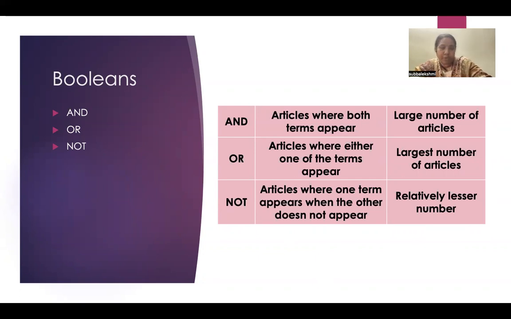When I use the Boolean or, we get articles where either one of the terms appears, which brings out the largest number of articles. If I said pain, toothache or child, it will bring the largest number of articles possible. And when I say not, it gives articles where one term appears when the other does not appear, which will bring out a lesser number of articles.